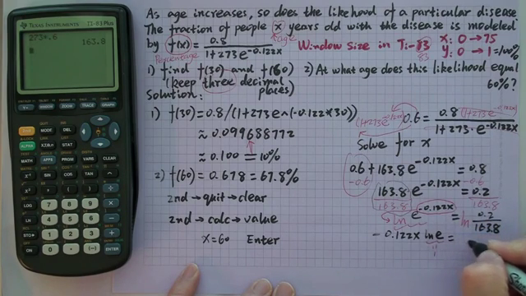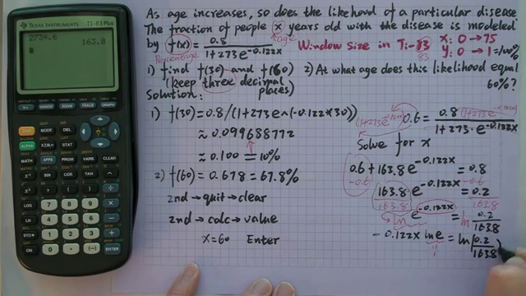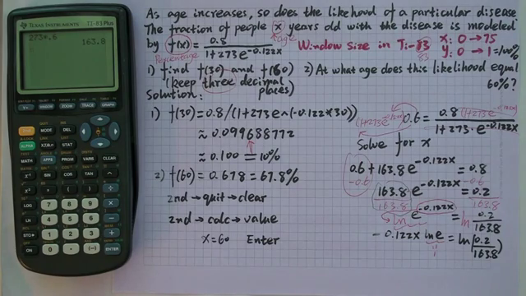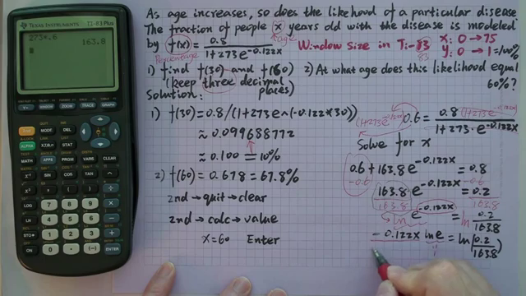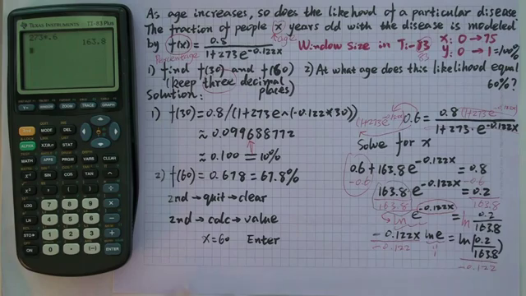Here, natural log of 0.2 divided by 163.8. Now you divide both sides by negative 0.122.